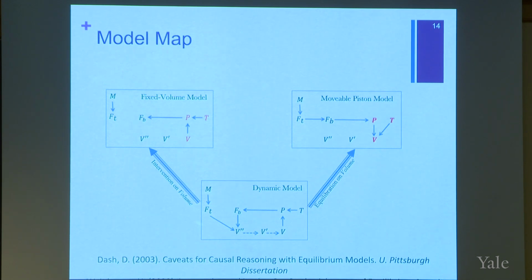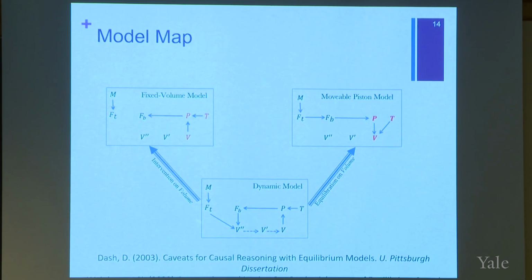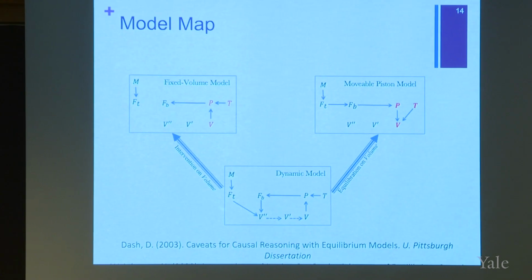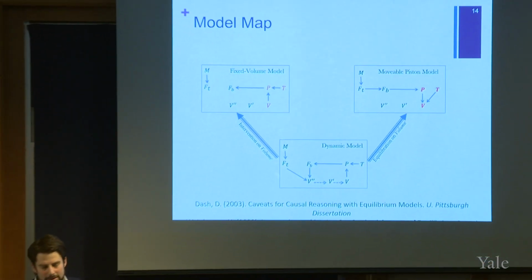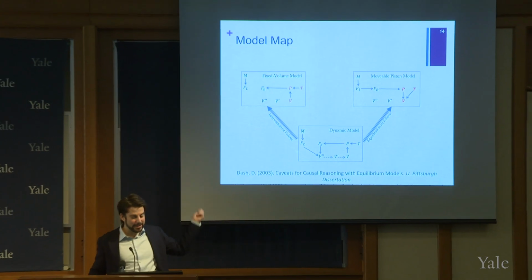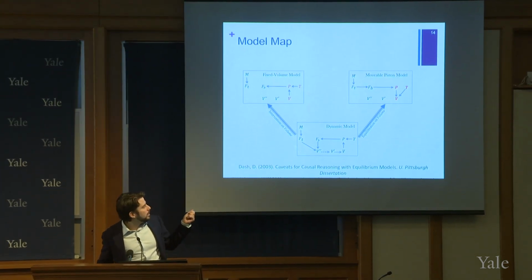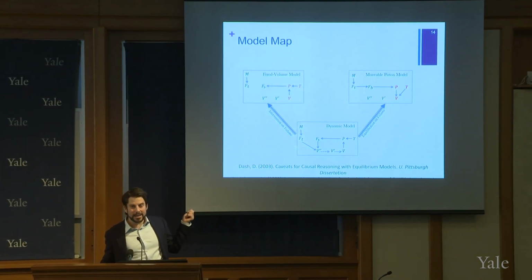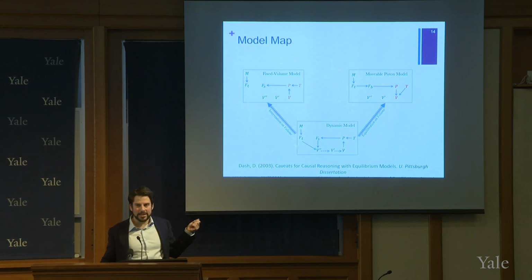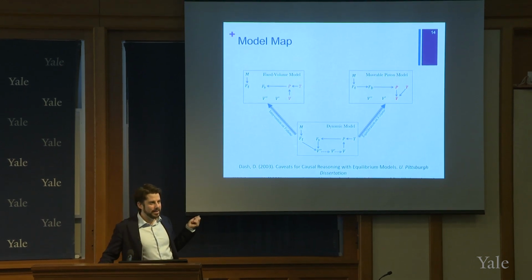What I want to argue is that it's actually the right result that we get these two different equilibrium models. The reason is that what equilibration is telling you is what happens if you allow the system to reach equilibrium via a feedback loop that allows it to self-regulate. When you, in contrast, intervene on volume, you're not allowing that feedback loop to operate. As some of you probably know, feedback loops are necessary to obtain certain types of stability.